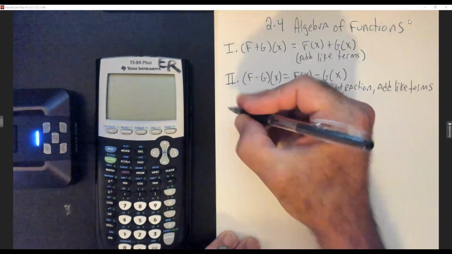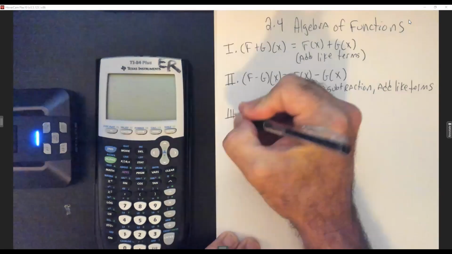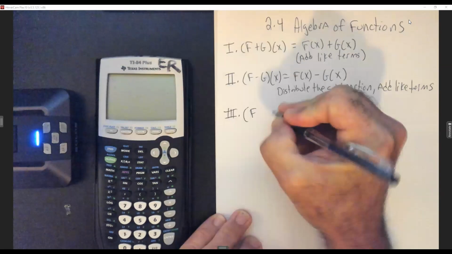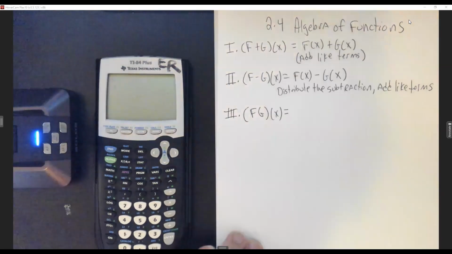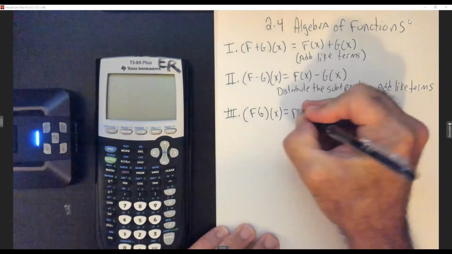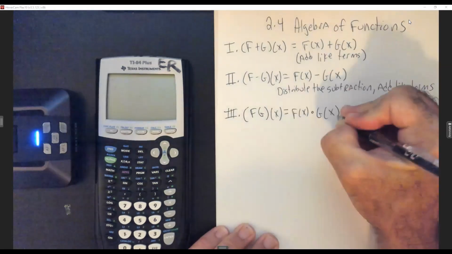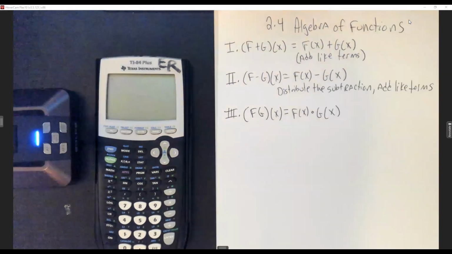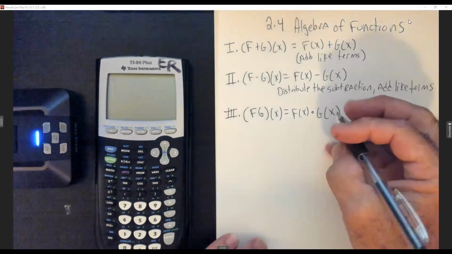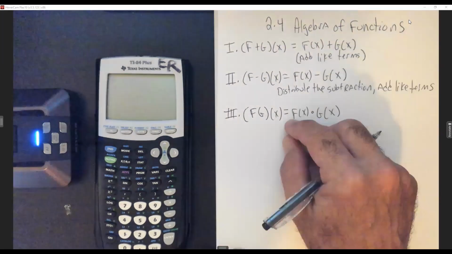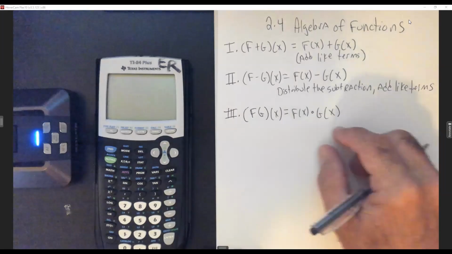Next would be multiplication. So f times g of x will just equal f of x times g of x. Now you're dealing with multiplication, so you got to watch out for those exponent rules, okay? And this will be either distribution or foiling when you're multiplying.